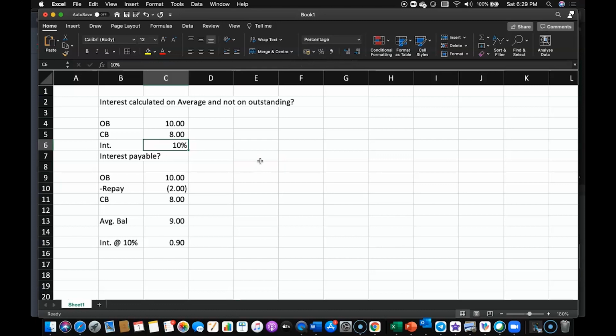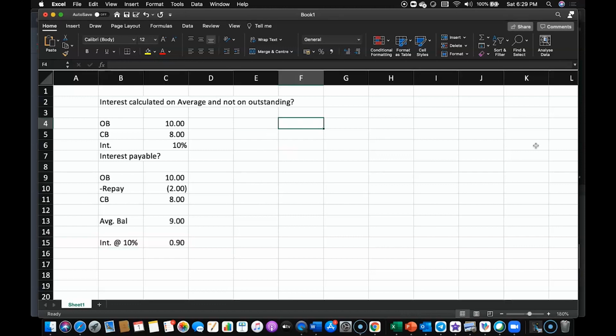Now the question is, why are we not calculating exact interest on outstanding, why are we going on average? See, it's all basically for decision making, it's not for charging. Let me show you what will be the interest if we apply this rule on monthly interest, and let's see whether that monthly interest calculation and this average is approximating or not.